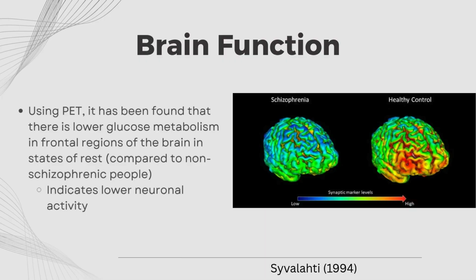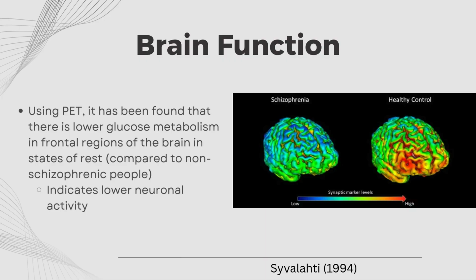They've found that there's lower glucose metabolism in frontal regions of the brain, whether people are in states of rest or not, compared to non-schizophrenic people. This indicates lower neuronal activity because the glucose isn't being used, which implies that neurons aren't being fired, which is something that uses energy.